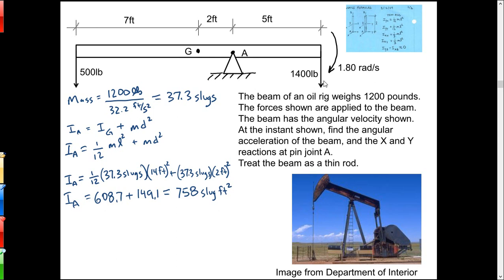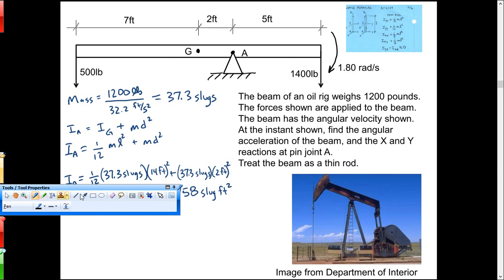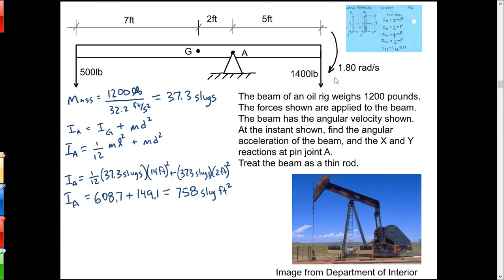And we're going to apply these forces to the beam, and it's got the angular velocity shown, 1.8 radians per second there. So let's find the angular acceleration of the beam and the x and y reactions at the pin.